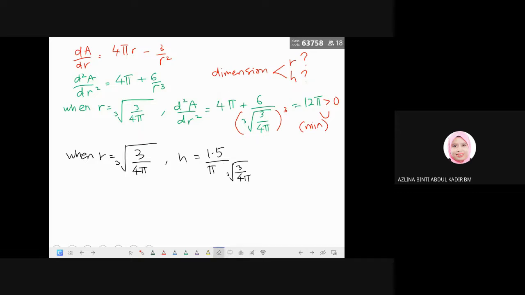Pi R squared. Nah ni pi R squared. Itu ya. Daripada equation H. Okay. So tekan calculator. Dapatlah berapa? Cuba tekan.